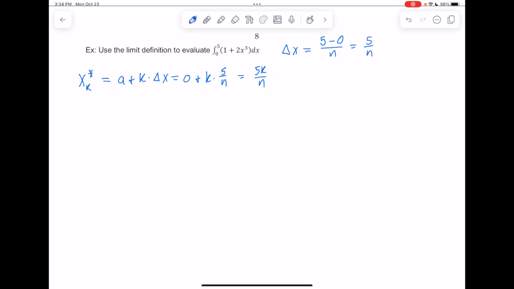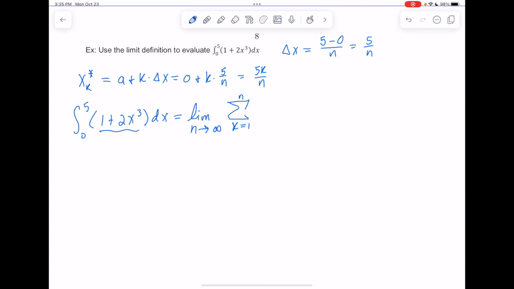All right, so now let's try to turn the definite integral into the limit of a sum. So the integral from 0 to 5 of 1 plus 2x cubed with respect to x, or dx, becomes the limit as n goes to infinity of the sum as k goes from 1 to n. And then we're supposed to do f of x sub k star.